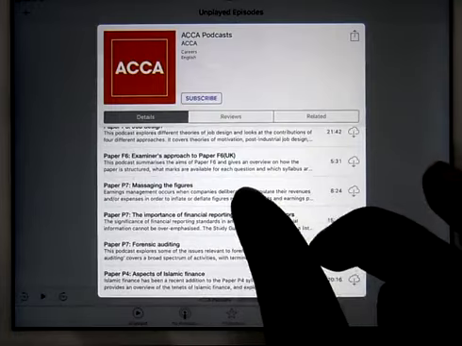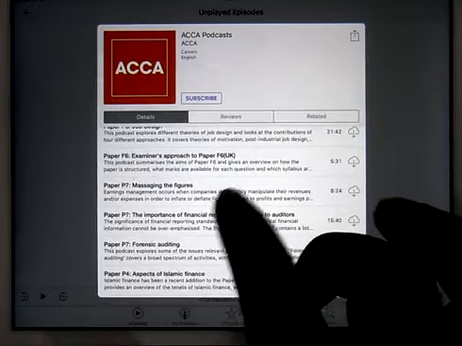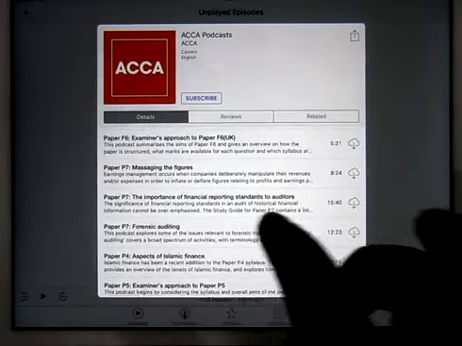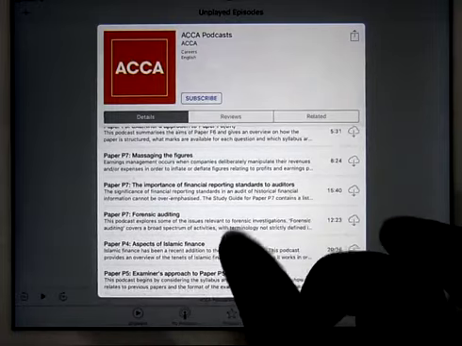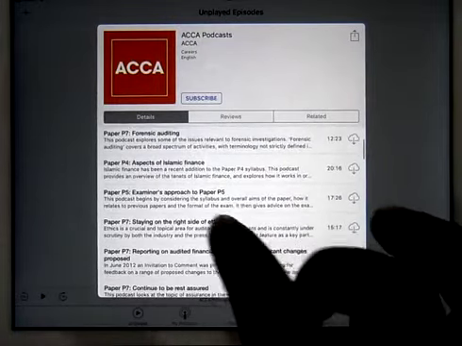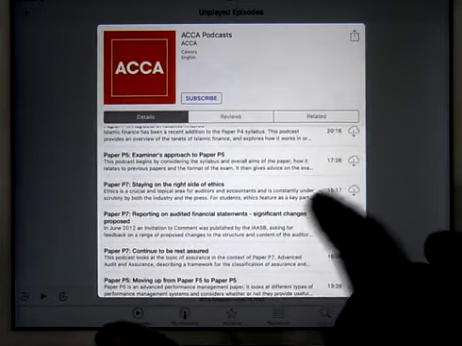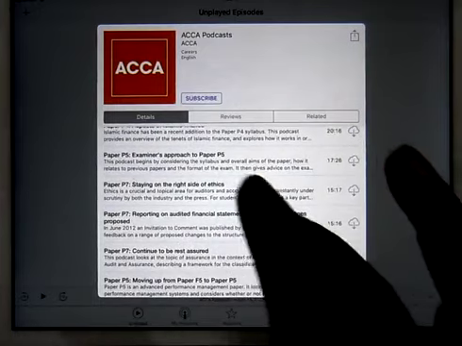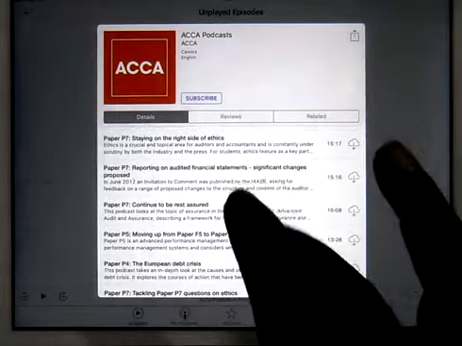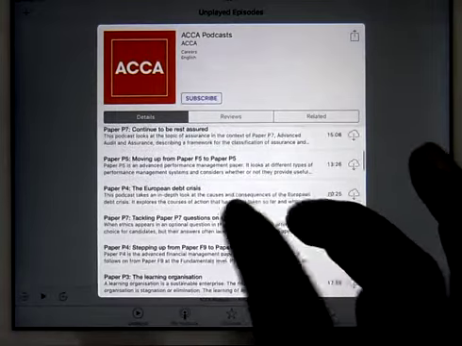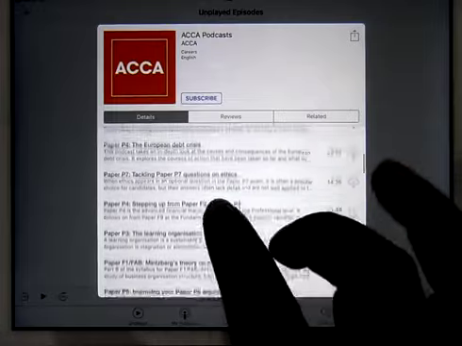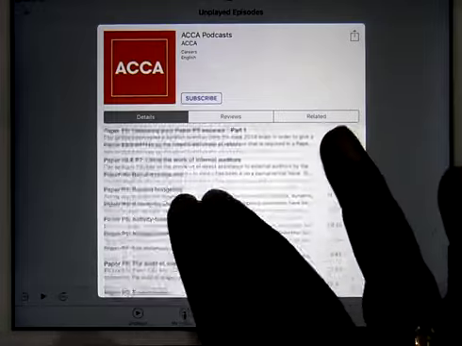P7, massaging the figures. This is a very interesting one. P7, importance of financial reporting standards to auditor. P7, forensic audit. P7, standing on the right side of ethics. P7, reporting on auditor financial significant changes proposed. Okay, this one, yeah, you can go through that. P7, continue to be rest assured. Tackling P7 ethics question. There's quite a number of P7 articles here, yes or no?